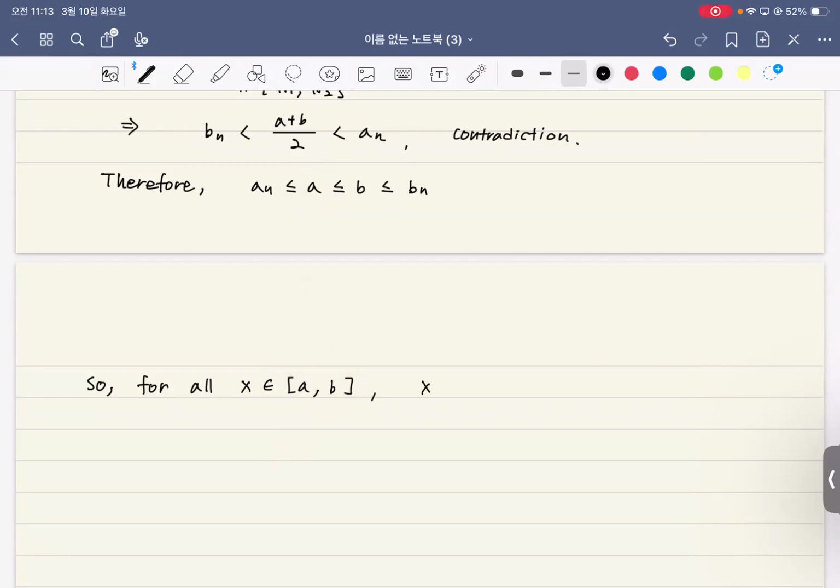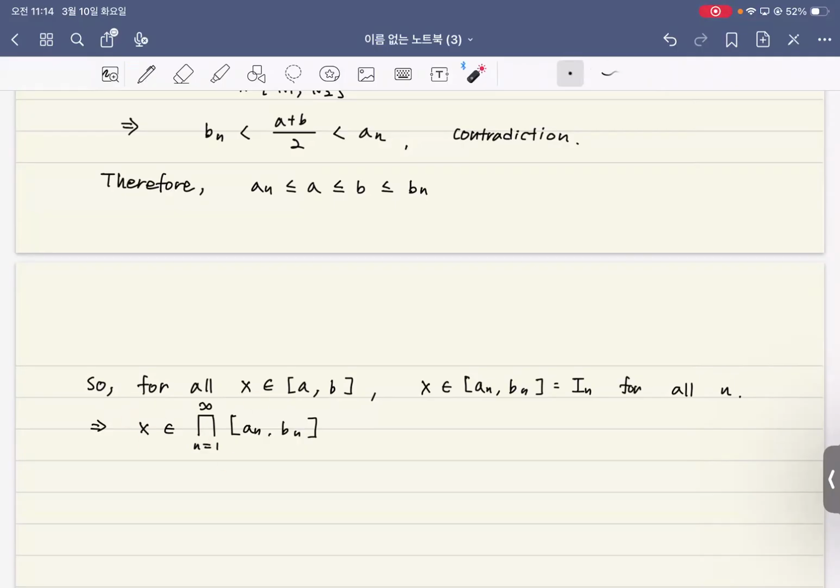Then this x must be in An and Bn, which is In for all n. This means this x must be a member of this infinite intersection. Good.